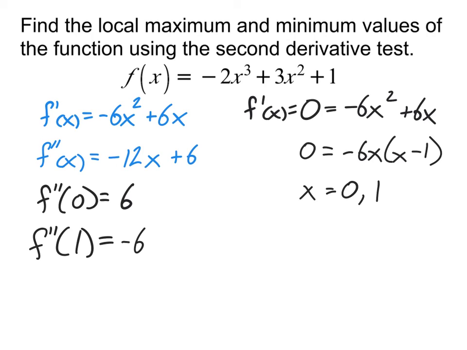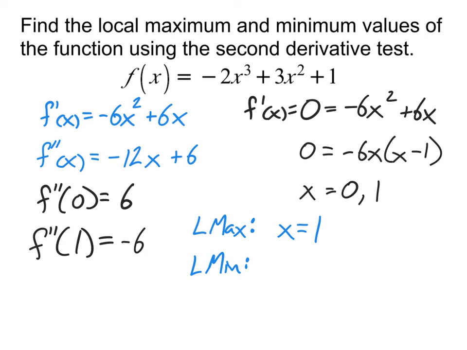So you should find that the second derivative at 0 is 6, and the second derivative at 1 is negative 6. Now that we know that, we have enough information to be able to say where is the local maximum and where is the local minimum. Remember, I'm asking about x values, then: at which x value is the local maximum? 1.